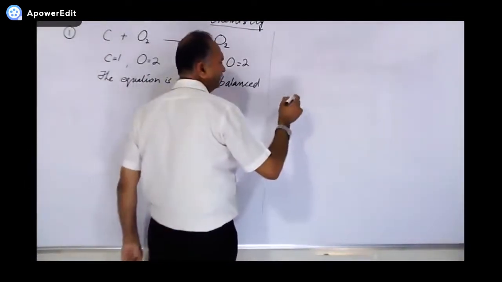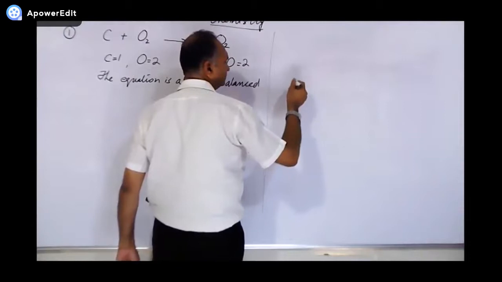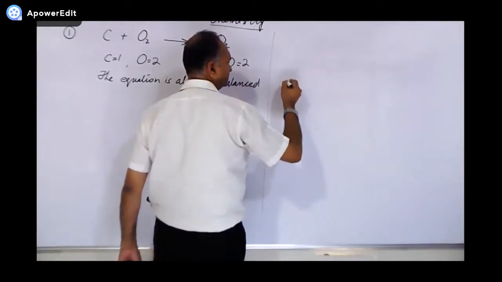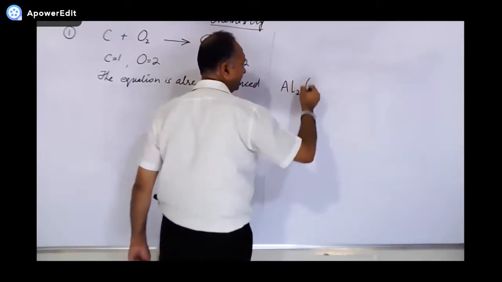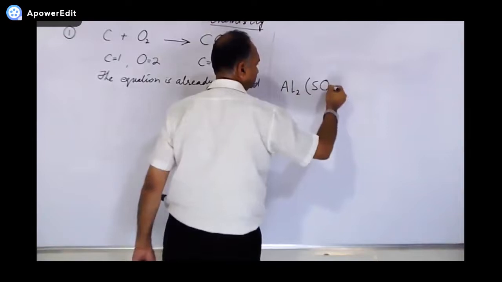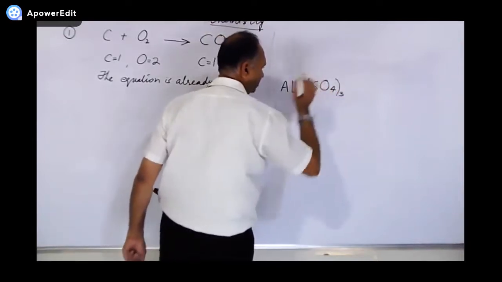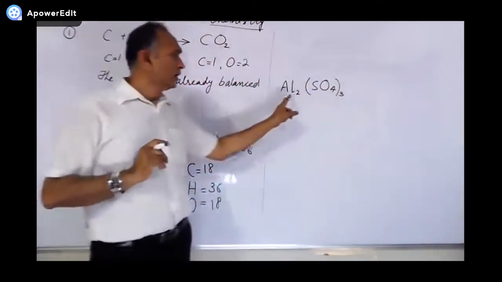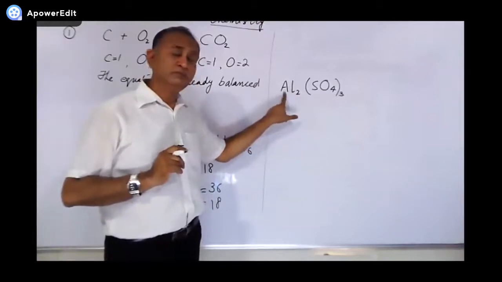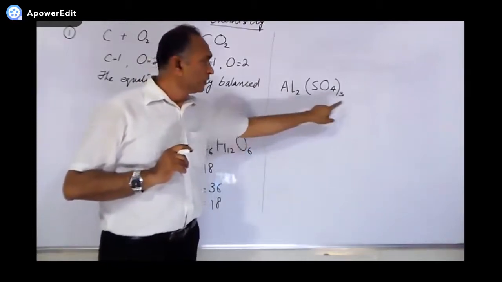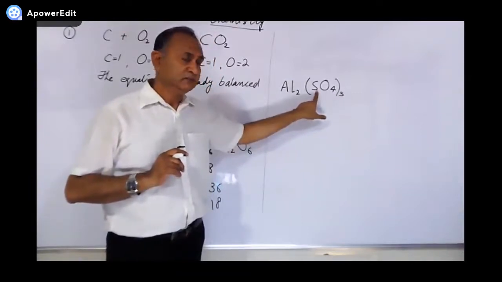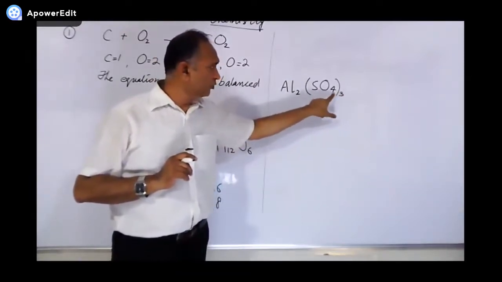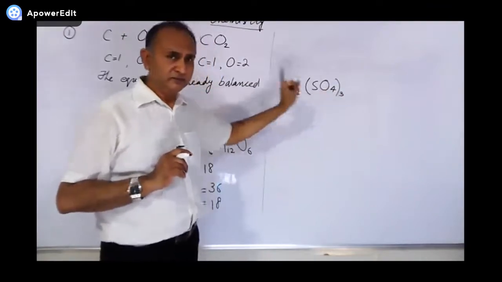Suppose we have, I gave this example yesterday, two aluminium, 3 sulfurs, 3 4s are 12 oxygens.